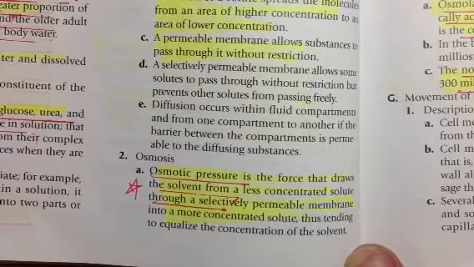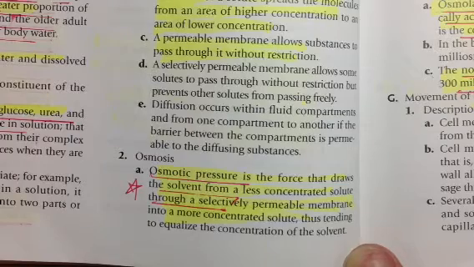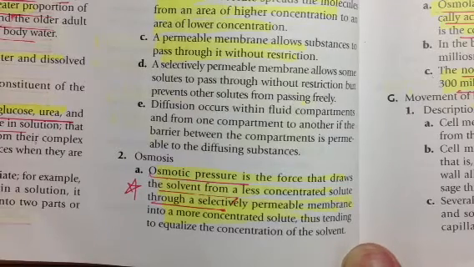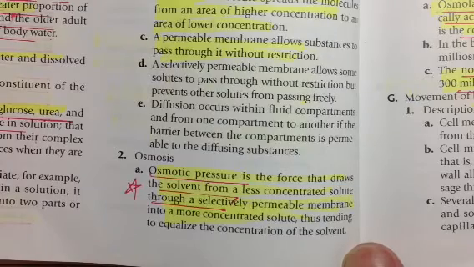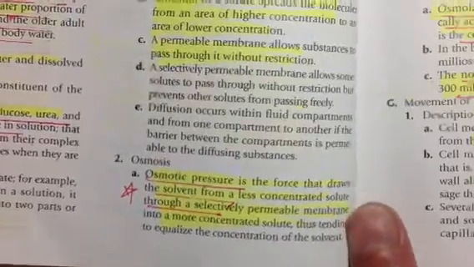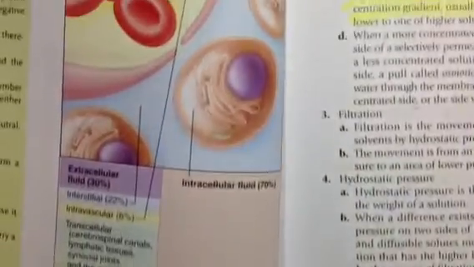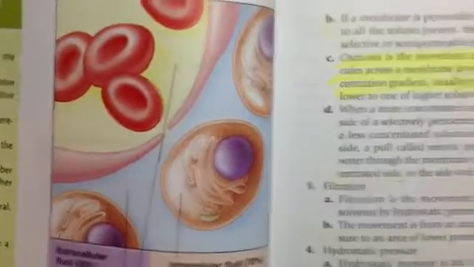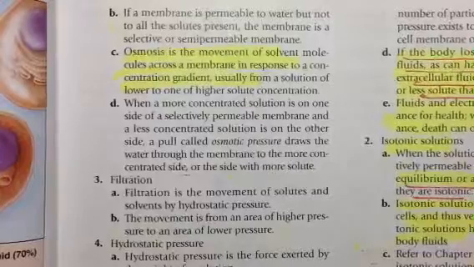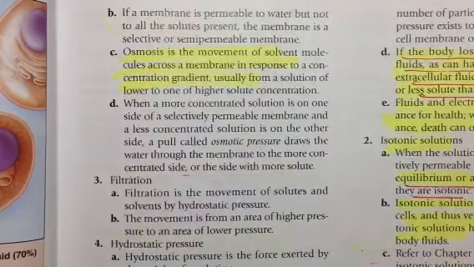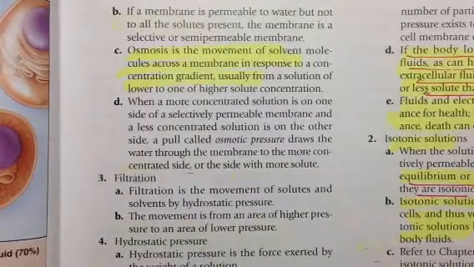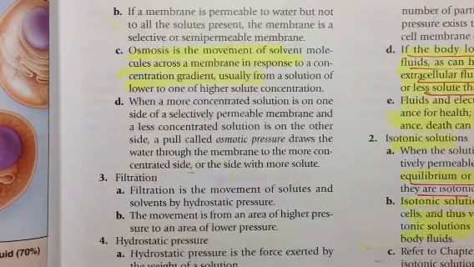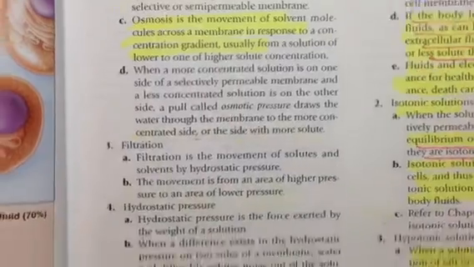Osmotic pressure is the force that draws the solvent from a less concentrated solute through a selectively permeable membrane into a more concentrated solute, thus tending to equalize the concentration of a solvent. Osmosis is the movement of solvent molecules across a membrane in response to a concentration gradient, usually from a solution of lower to one of higher solute concentration.